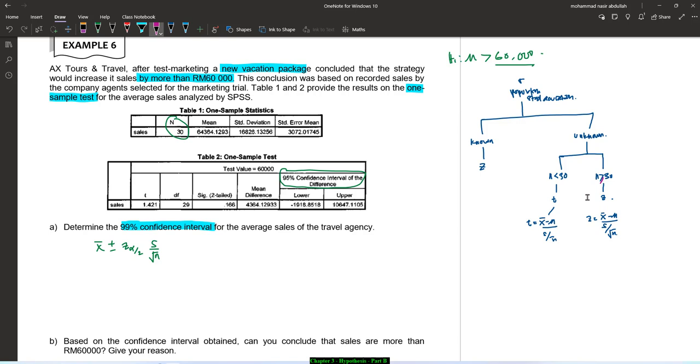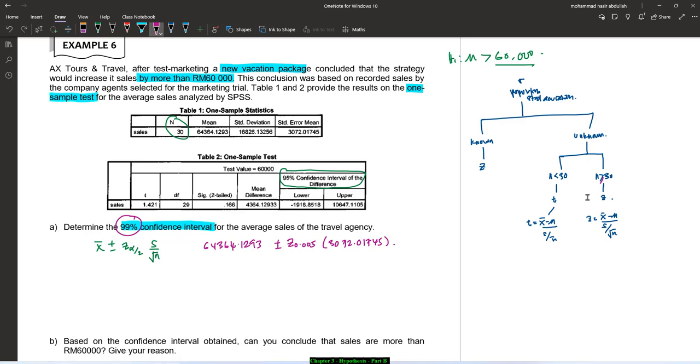So this one should be X bar, 64.1293, plus minus Z alpha divided by 2. Kalau kita nak guna 99%, it should be Z 0.005, because 0.01 divided by 2 is 0.005. S divided by square root of n should be 3072.01745.